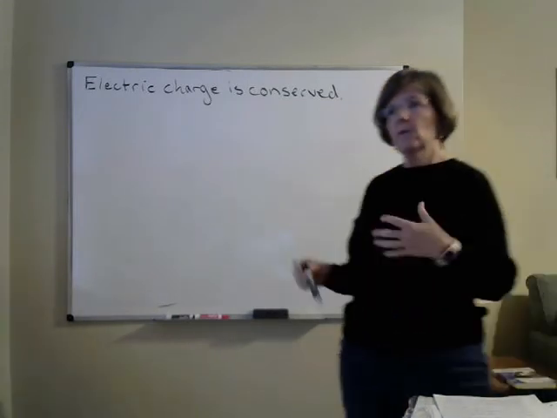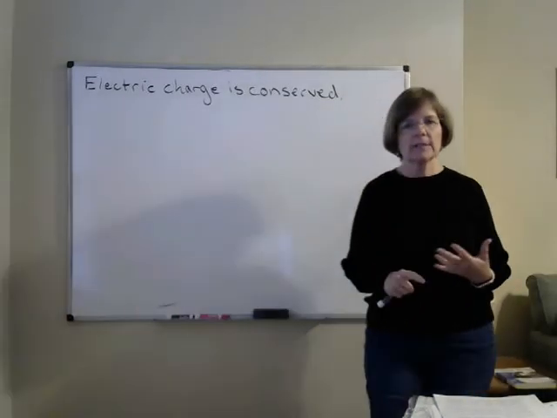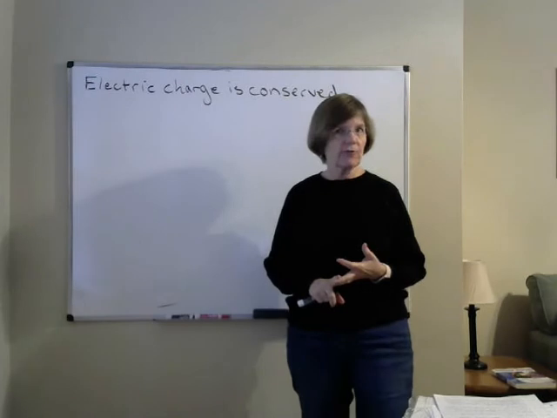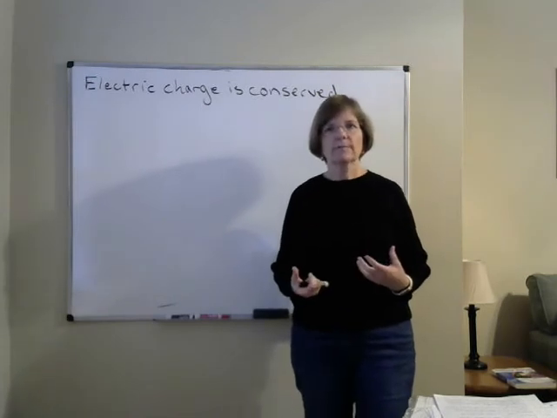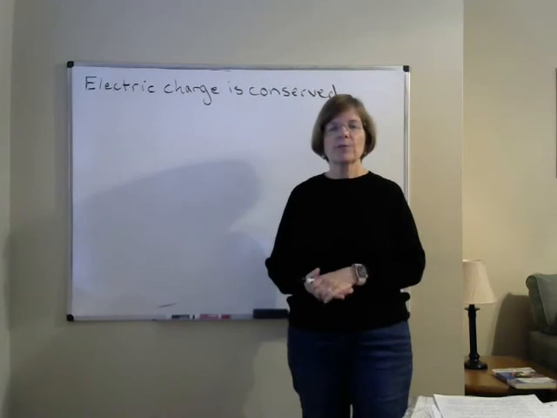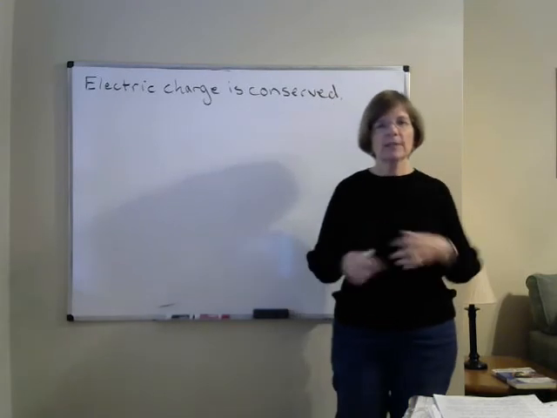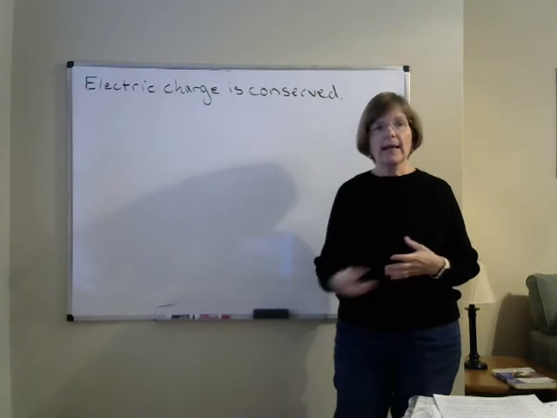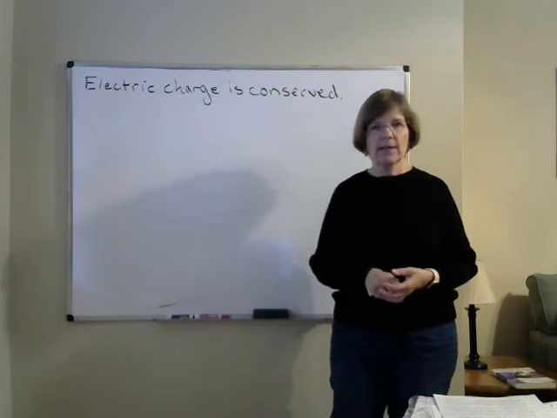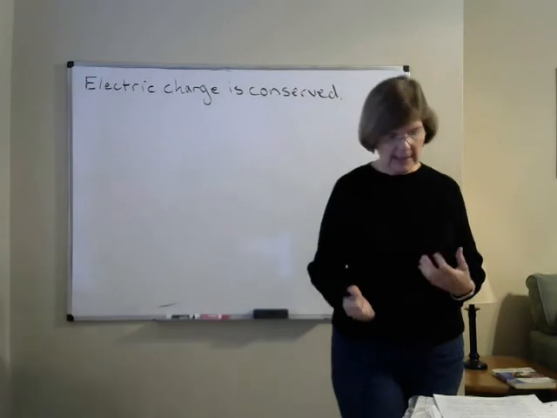We know that ordinary matter is composed of protons, neutrons, and electrons. We know most atoms are neutral. However, if you strip away a few electrons, you can create a positive ion. Or if an atom picks up an extra electron, you can create a negative ion.